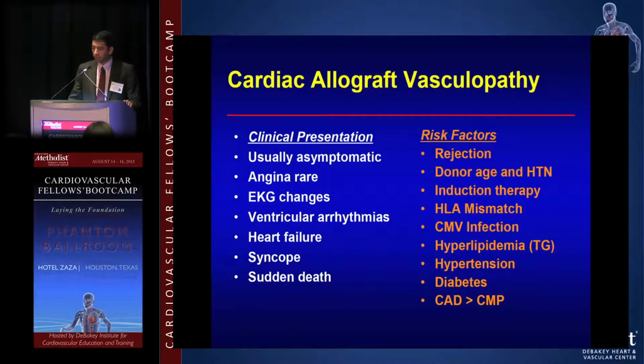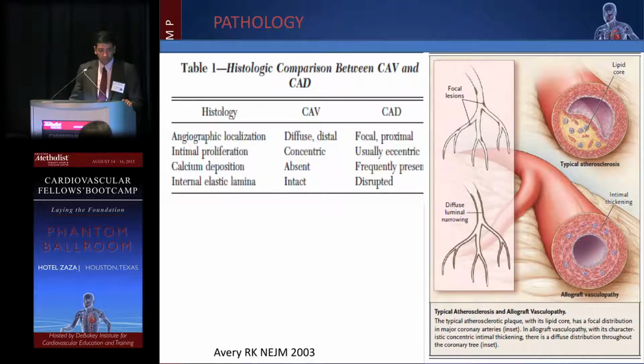So now I'm going to cardiac allograft vasculopathy. Let me just go to this slide first. I just want to briefly go over how this is different from native coronary atherosclerosis. As you can see here, it's very focal, proximal, and usually eccentric lesions.